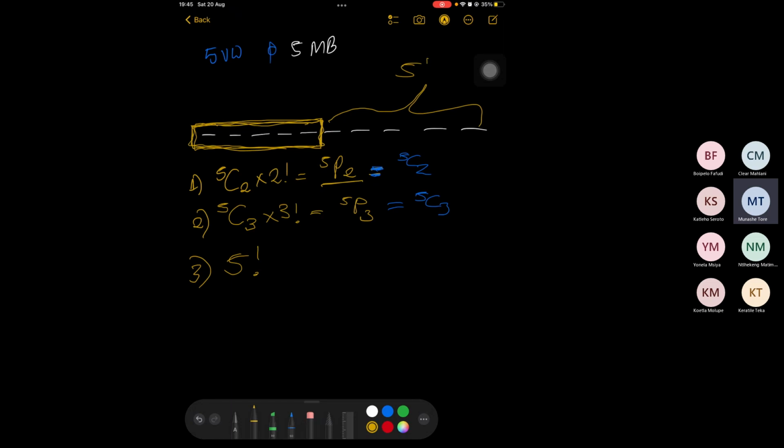Then question 1.5 is literally the same as what we just did. It's actually the same question. But now we have 6 of the VWs and 4 of the Mercedes. So what it means is you have 6 of the VWs, 4 of the MB.